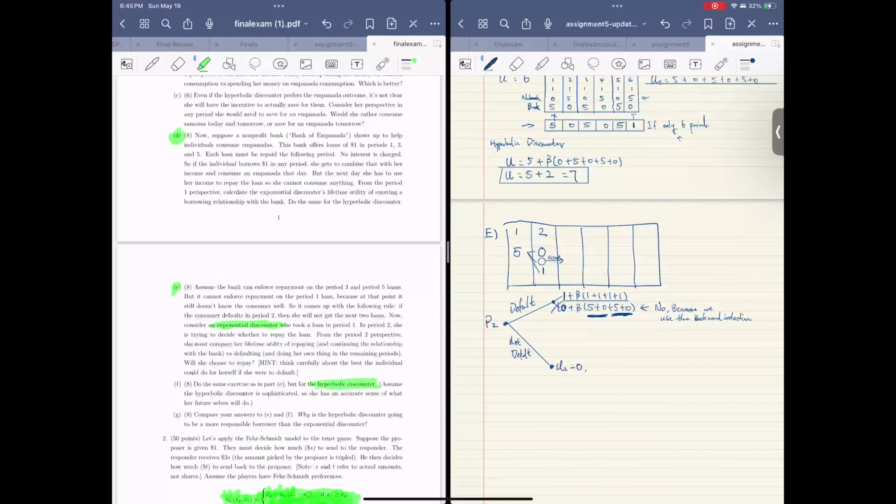And then in period 3, they get the loan, so they'll have a utility of 5, and then 0 for the next, and then 5, 0. Yep, exactly. So it will have a utility of 2. Oh no, 2. Am I crazy? I'm not crazy, right? Yeah, it's 2.